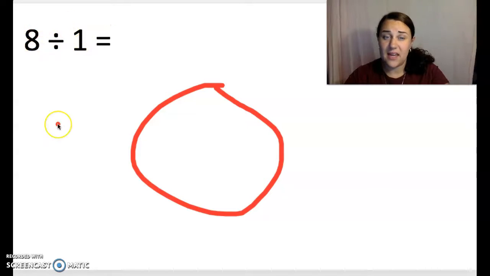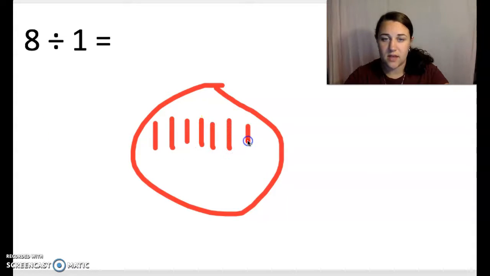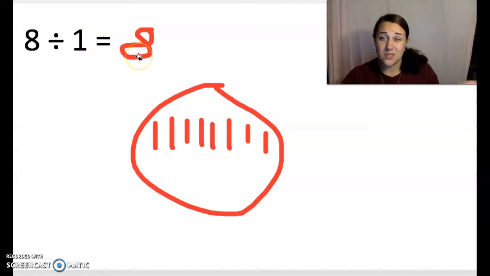Now I take my 8 and I have to put it in my group. 1, 2, 3, 4, 5, 6, 7, 8. And then I count how many are in my group. 1, 2, 3, 4, 5, 6, 7, 8. I only have one group to count. So 8 divided by 1 equals 8.